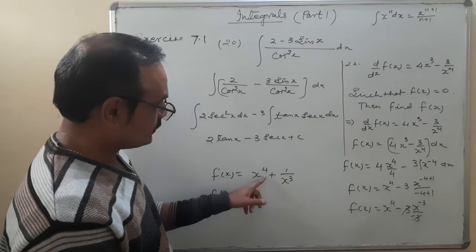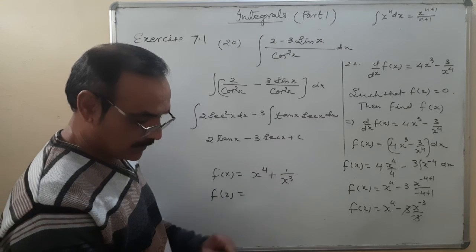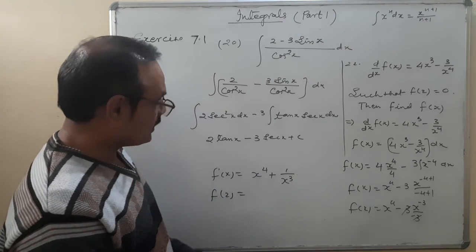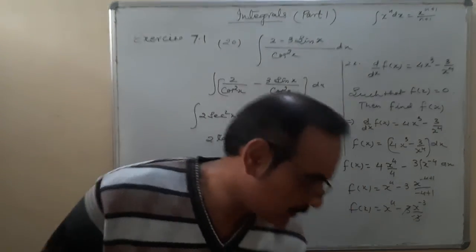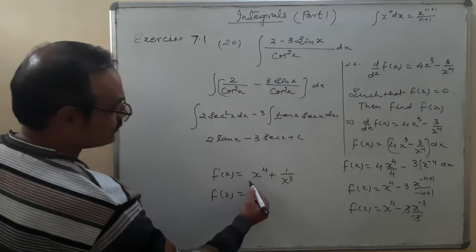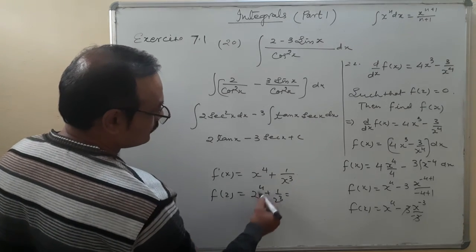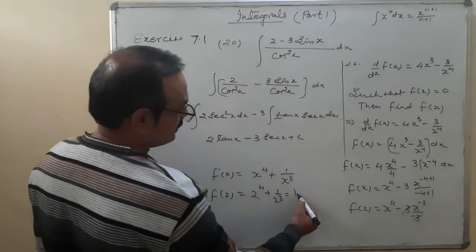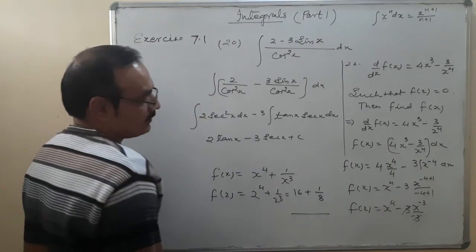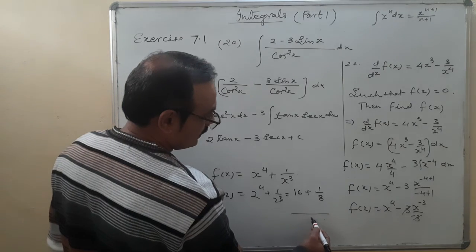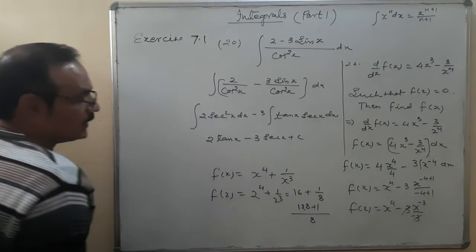Actually it is an MCQ type question. x to the power 4 plus 1 upon x cube, plus c, is coming. Now we are finding the value of the constant. When I put 2, so 2 to the power 4 plus 1 upon 2 to the power 3: 2 to the 4 is 16, plus 1 upon 8. LCM is 8, so 128 plus 1, 129 upon 8.